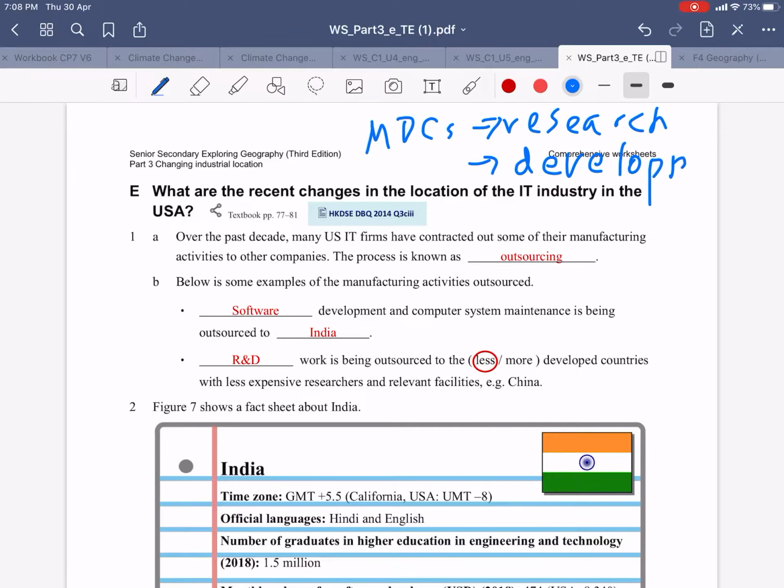Research is just going to find the new things out, okay, invent. But the development is making the new inventions become more user friendly, okay. So if we don't know what's happening in those LDC or those foreign countries, we cannot make the new product become more user friendly, just like the CV in the iPhone, okay.